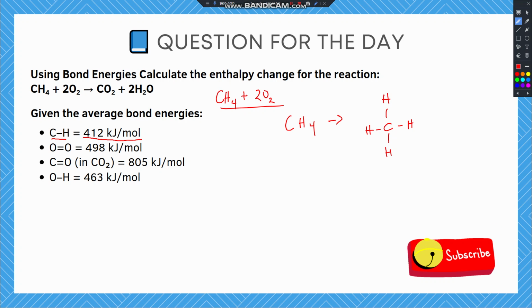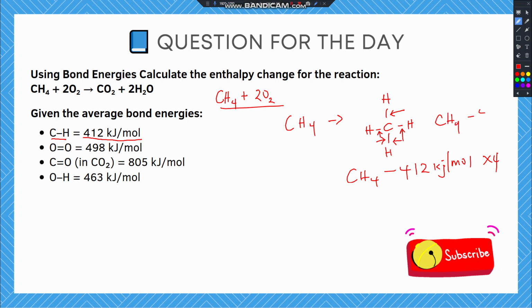So that tells us that 4 C-H bonds were broken in this reactant. So for CH4, we have 412 kilojoules per mole times 4, because CH4 represents 4 C-H bonds that have been broken. 412 times 4 gives us 1,648 kilojoules per mole. That is for CH4.